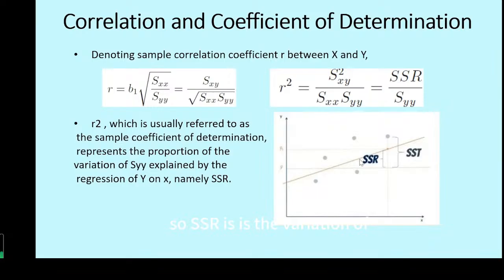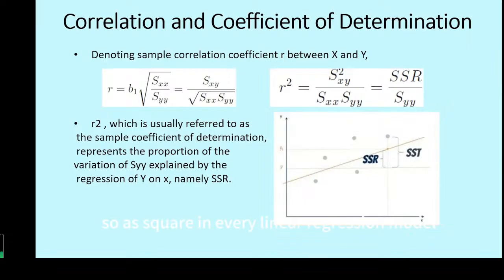So SSR is the variation explained by the model out of the total variance of y. This R squared we can also call the coefficient of determination. It represents the proportion of the variation of SYY explained by the regression of Y on X, named SSR.